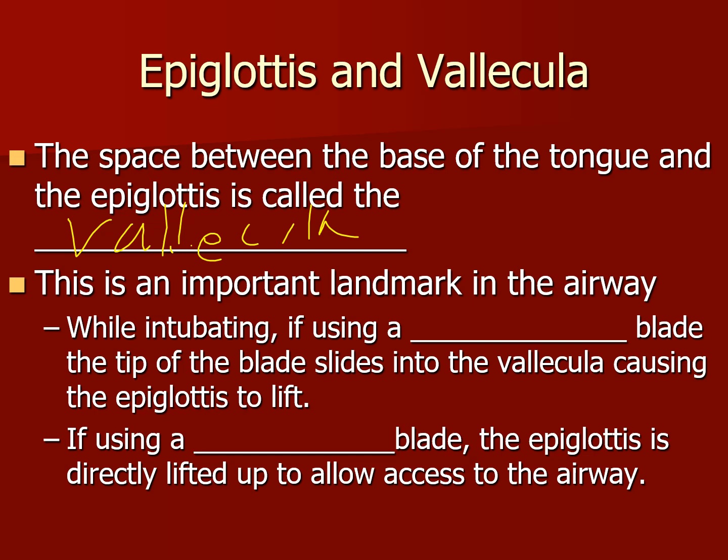This is an important landmark because if we're using a Mac or a curved intubation blade, then the tip of it will be put into the vallecula, and that will cause that ligament to be shortened up, and the epiglottis will move out of the way.